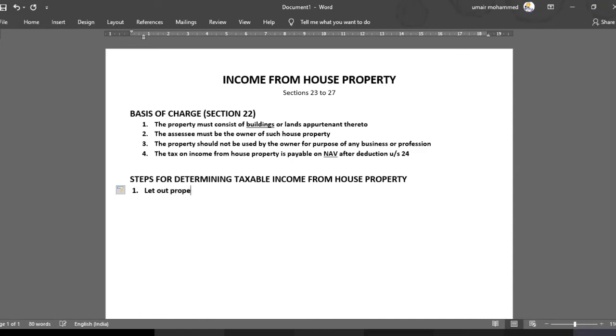First, you have to figure out what kind of property it is. Then for self occupied property, the procedure is different. And for deemed to be let out, now what is this deemed to be? This is a special category, deemed to be let out, and the procedure for this is different.